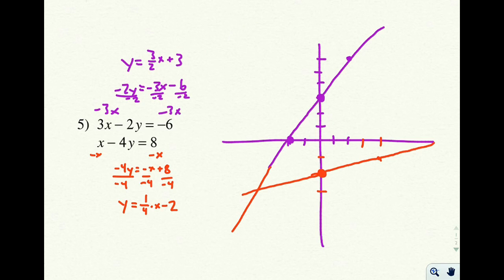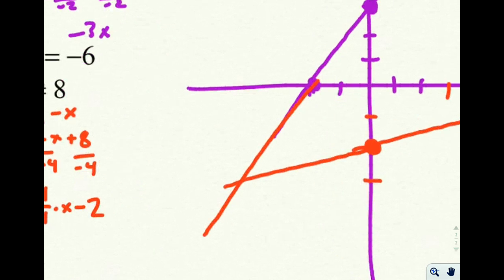And sometimes you'll see drawing these lines straight really does matter. You can see my line's a little bendy, and I think I'm going to get a poor approximation of where they intersect as a result. So make sure you're doing your best to draw these lines as straight as possible.